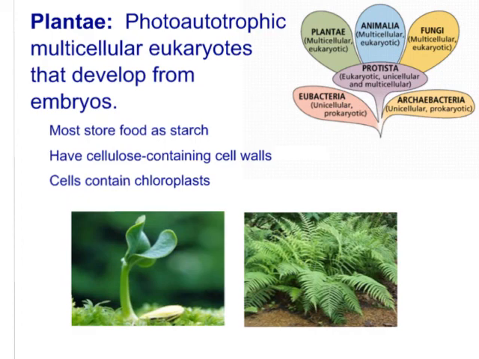So all of these are very important characteristics of plants. Most of them store food as starch. They have cellulose-containing cell walls, and they have cells that contain chloroplasts. And here are some examples of organisms that are in the plant kingdom.